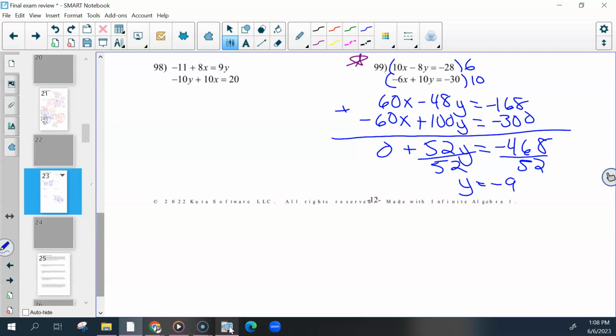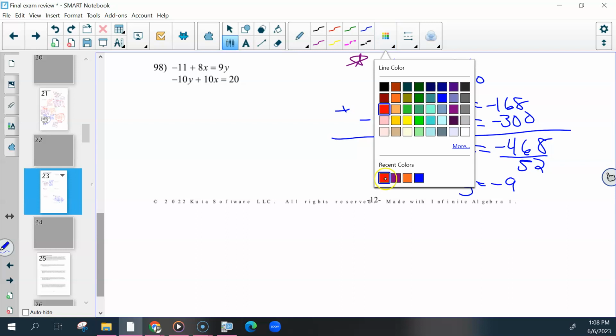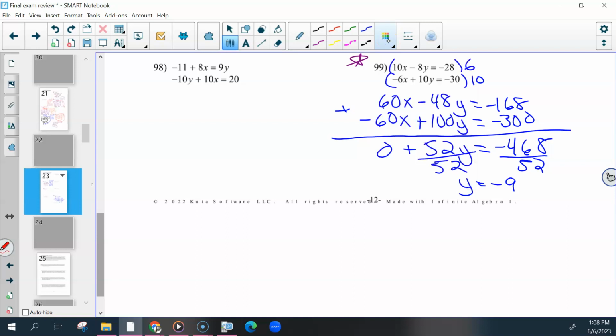So then we can go back and find x. So you have choices. Put this into any of these 4 equations and solve for x. I'm going to do the first one. If you chose a different one, that's fine.